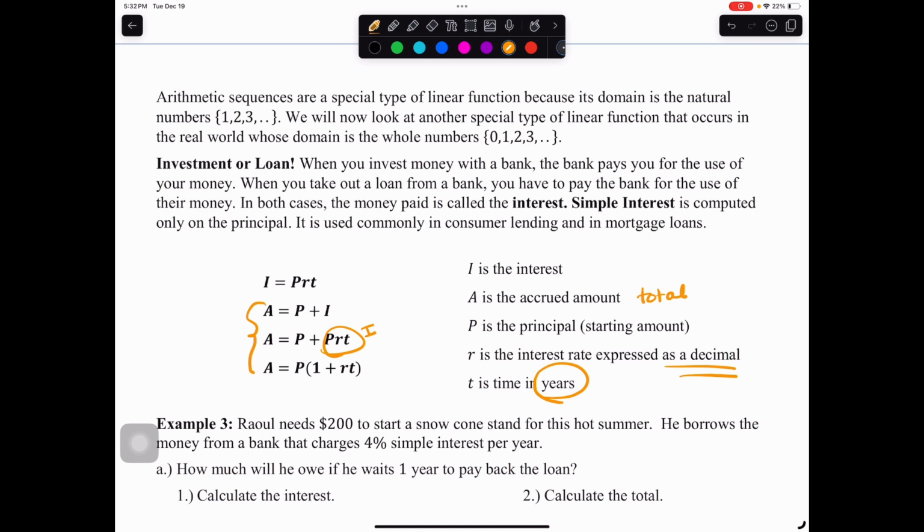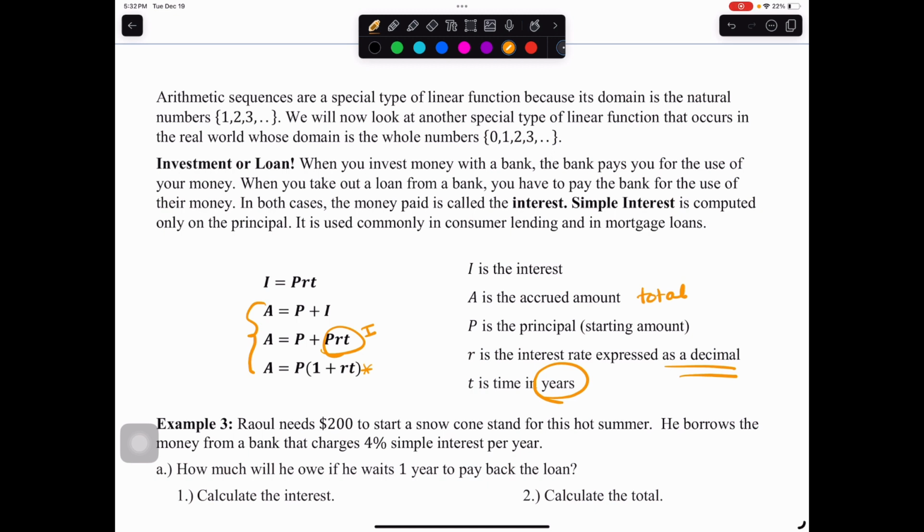Another way you can look at the formula is P times 1 plus RT. The benefit of this one is that it looks very familiar to another formula that we're eventually going to use that is on the formula sheet. This one is not. However, if you want to memorize it this way, it's very similar to one that is on the formula sheet that we'll talk about in the future.